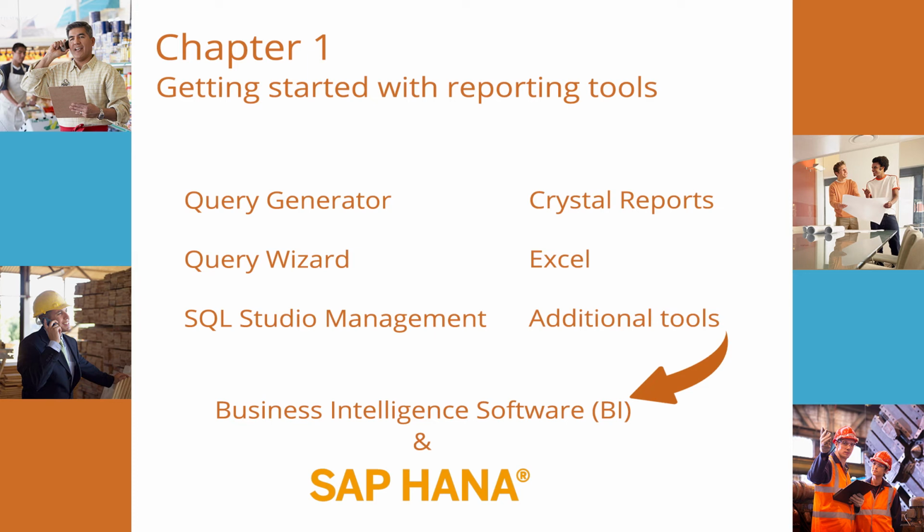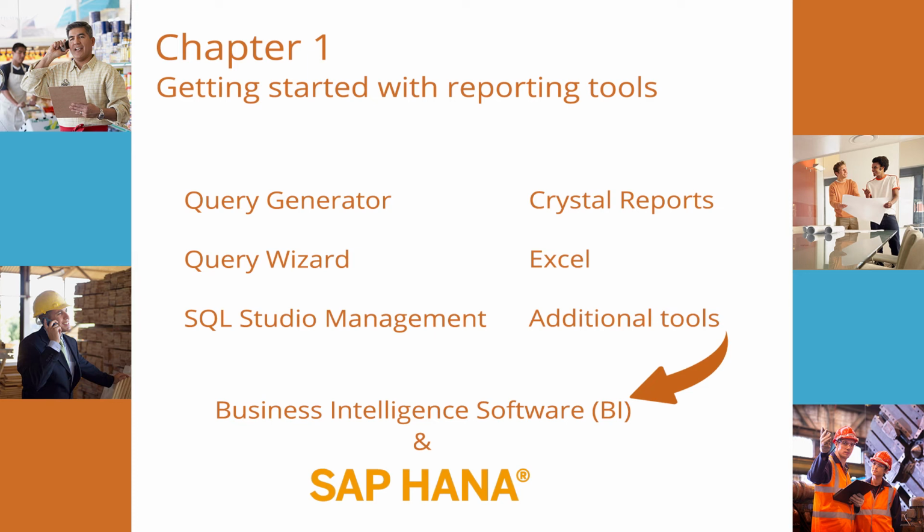There are other tools that are available for reporting. Crystal Reports could be covered in a separate session, as well as Excel. We can connect Excel directly to SAP or basically to SQL. And additional tools for business querying and stuff like that are BI tools like Power BI from Microsoft and other tools.